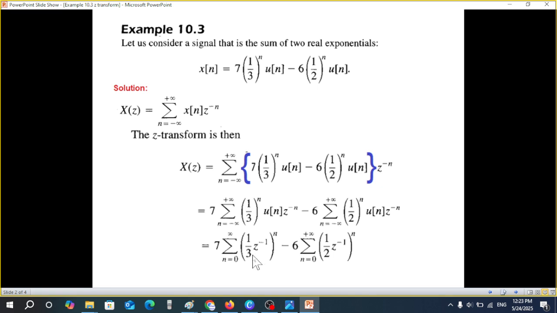Also, since this is u[n], that means it is starting from 0. So this limit will now be, instead of from minus to plus infinity, from 0 to plus infinity. And same here, same technique.